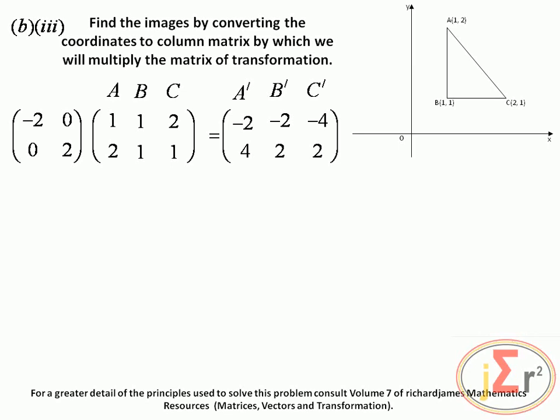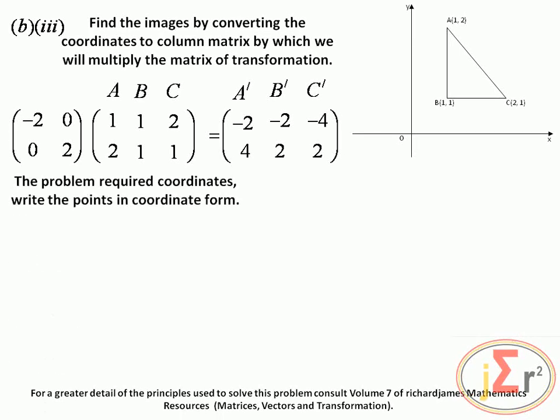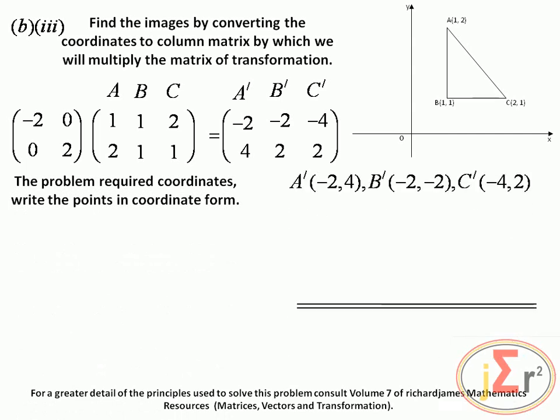And of course, that is dependent on the accurate calculation of the first one. So if we do the first one accurately, then we may just write down the answers of the others. But in this particular case, as in many questions in CSEC, the coordinates are required. So we are going to write the points in coordinate form. So those are the points in coordinate form.